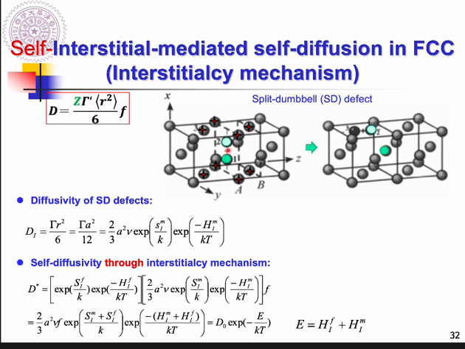At the center, originally there should be a lattice point here, but now you have two atoms close by, and they share one lattice point. This we call a split dumbbell. As you link them together, you figure out that the vector direction is along the x-axis. So we call this split dumbbell 1, 0, 0.